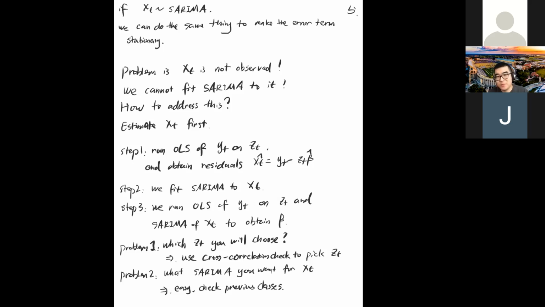But people still do that, and let's just follow that convention. Okay, any more questions? If there are no more questions, I want to switch to R and give you a detailed example of doing this.